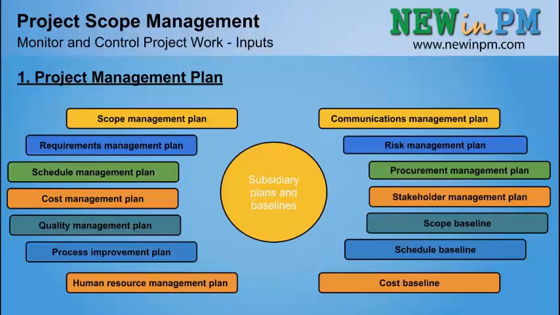What are the different components of subsidiary plans and baselines? Scope management plan, requirements management plan, schedule management plan, cost management plan, quality management plan, where you take care of the quality of the project, process improvement plan, human resource management plan, that is the HR plan, which takes care of the employees, communications management plan that tracks and records the communications with the stakeholders, risk management plan, procurement management plan.